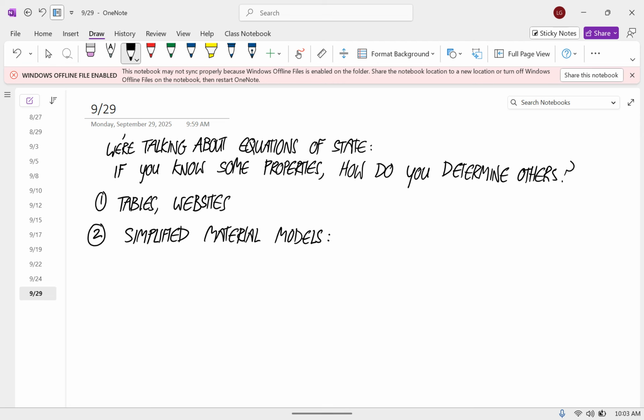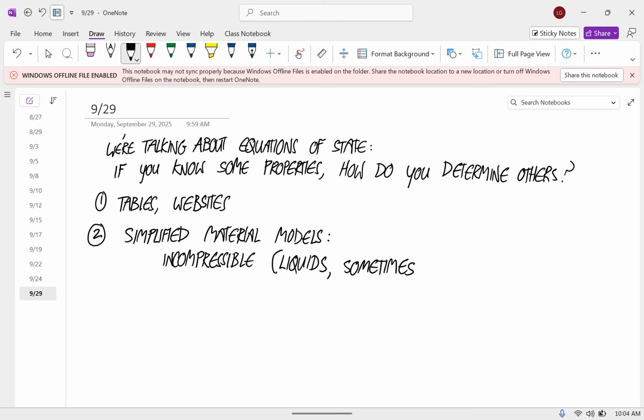The two that we're going to talk about are incompressible materials. For us, that's liquids. You can sometimes use this with solids, but like I've said before, solids just aren't very important to us as engineers.